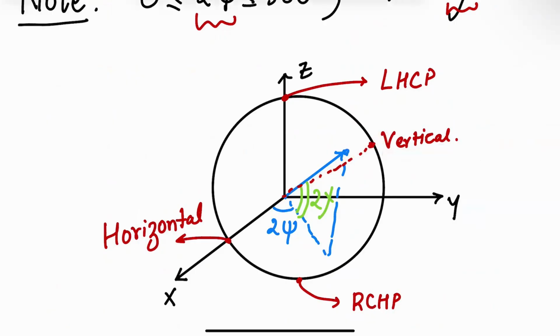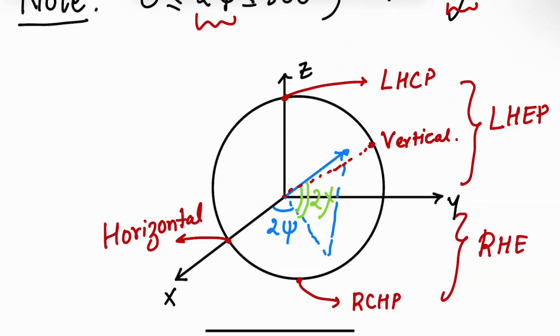So this sphere, and essentially the upper hemisphere, is left-hand elliptical polarization, and the lower hemisphere is right-handed elliptical polarization. Okay, and this sphere is called the Poincare sphere.